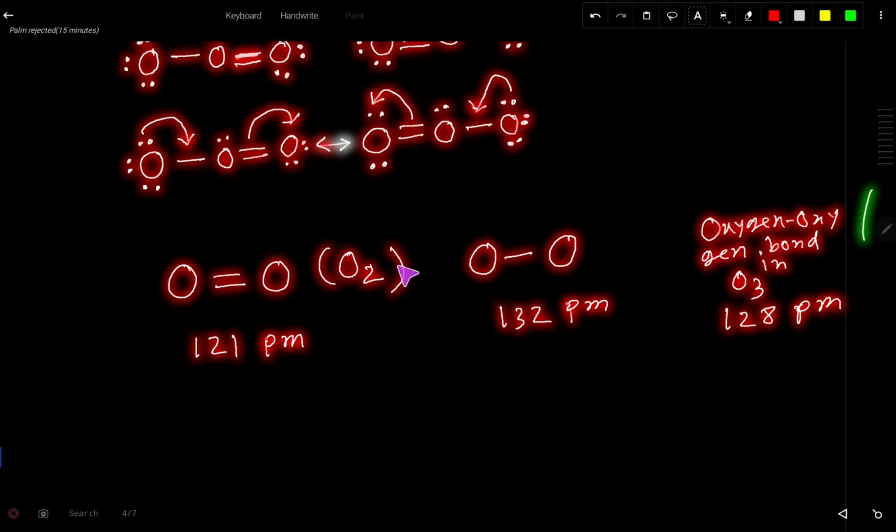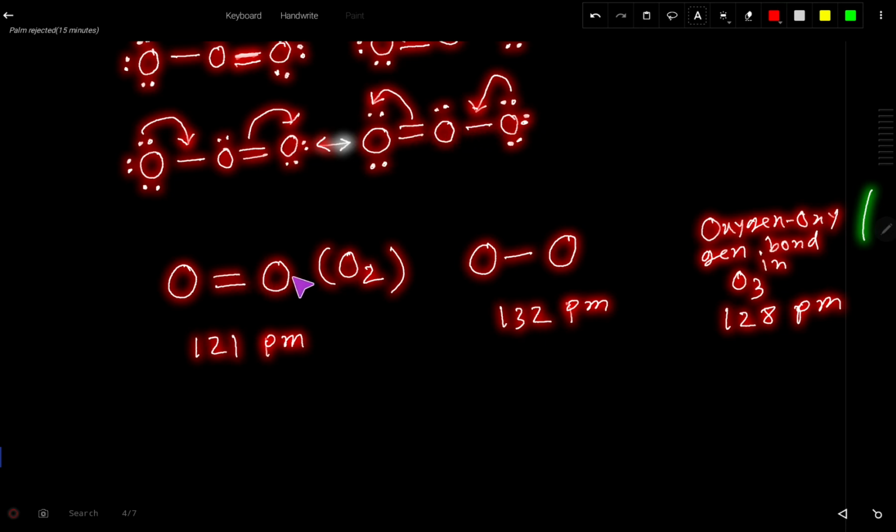But experiment shows that the real structure of O3 is not this or this structure. Actually, in O3 there is neither a pure double bond nor a single bond, right? In O3 you can say the bond is the average of a single bond and a double bond.